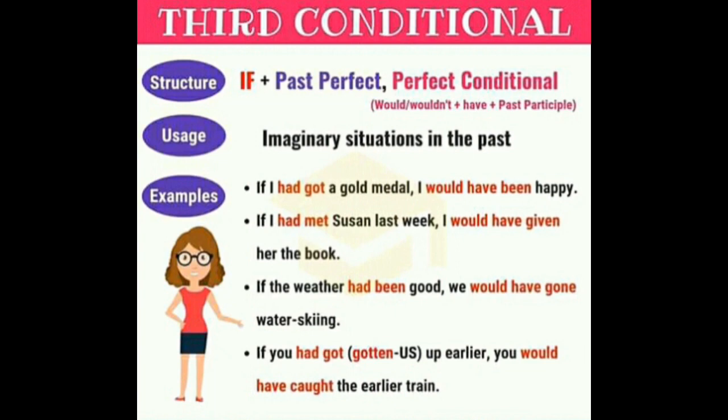We have in the condition had got, and conditional perfect, which is would have been. Another example, if I had met Susan last week, I would have given her the book. So I didn't meet Susan last week, and I didn't give her the book.